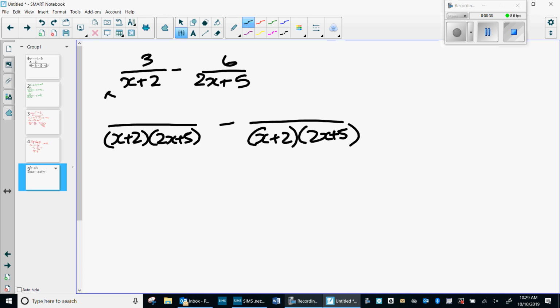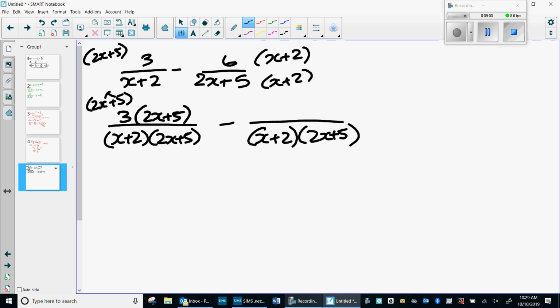My top one, I have to multiply by 2x plus 5 on top and bottom. And the other one is multiplied by x plus 2 top and bottom. So on the top, I'm going to go in 2 steps: 3 bracket 2x plus 5, and then 6 bracket x plus 2.